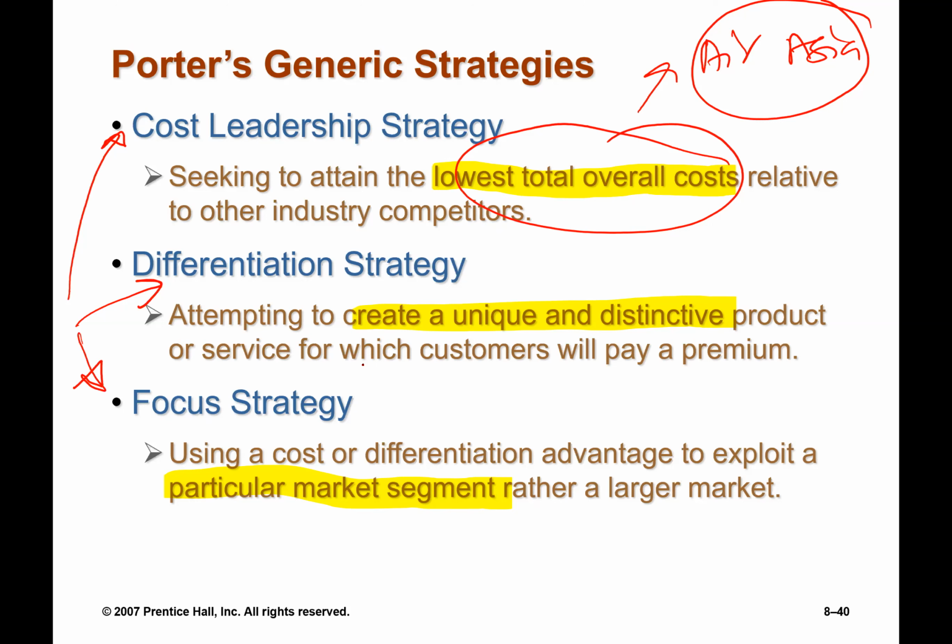And then differentiation strategy. Differentiation strategy means to say, if you cannot go for a low cost strategy and you cannot go for a focus strategy, you try to differentiate your company. Example, okay, example, car manufacturers.